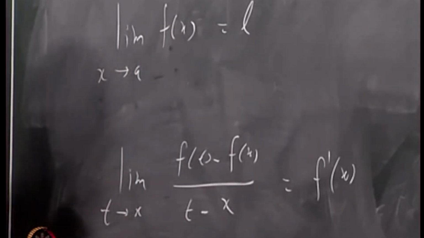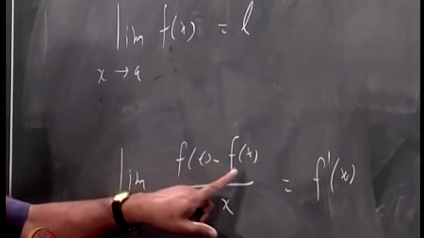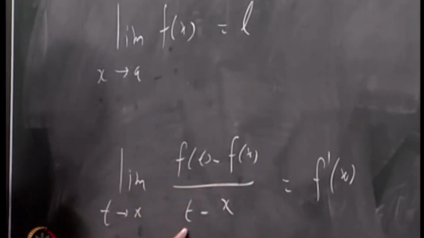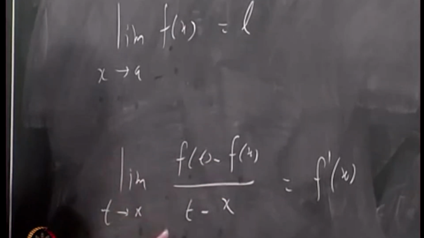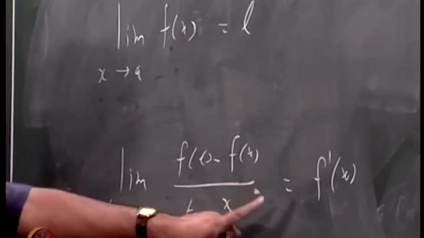This will mean that if I take any sequence, suppose I call it alpha n, converging to x, then the limit of f of alpha n minus f(x) divided by alpha n minus x, as n tends to infinity, should be the same as f prime x.